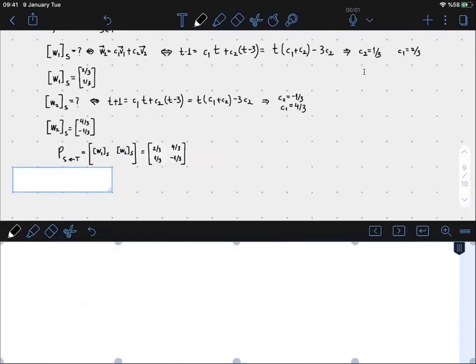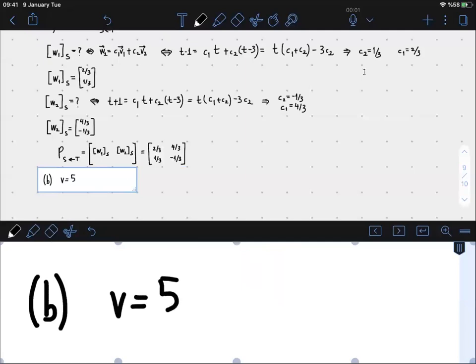Okay, now in this part, let's take a polynomial which is 5t plus 1.